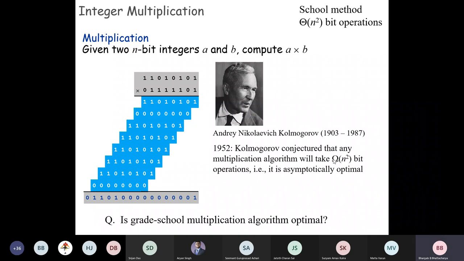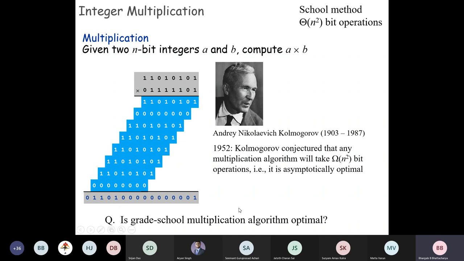He studied this problem, and in 1952, more than 60 years ago, he conjectured that any multiplication algorithm would take omega n square bit operations. That is, it is asymptotically optimal because you need to compute these n square partial product terms.